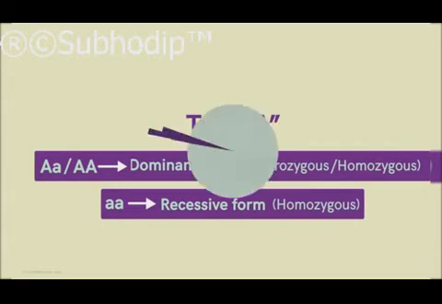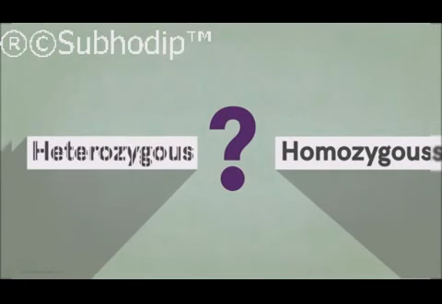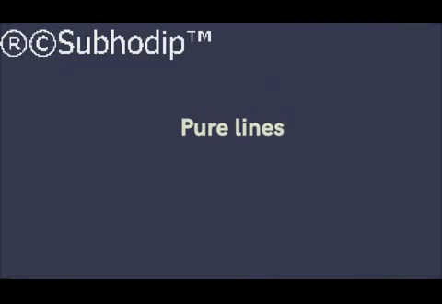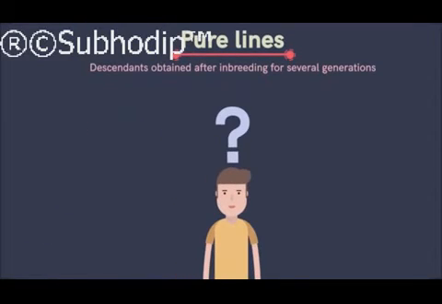Now, how are we supposed to know whether the organism considered for crossing is homozygous or heterozygous for a particular character? For this, we have the concept of pure lines. Pure lines are nothing but the descendants obtained after inbreeding for several generations. Confused? Don't be.